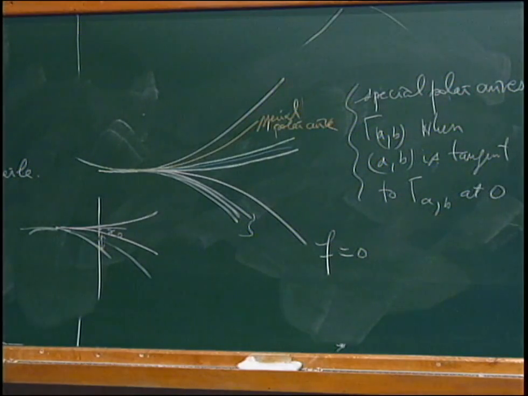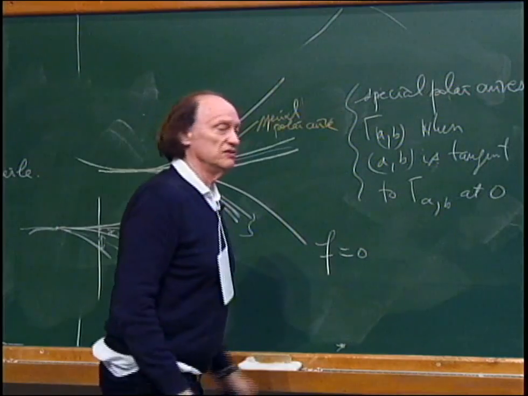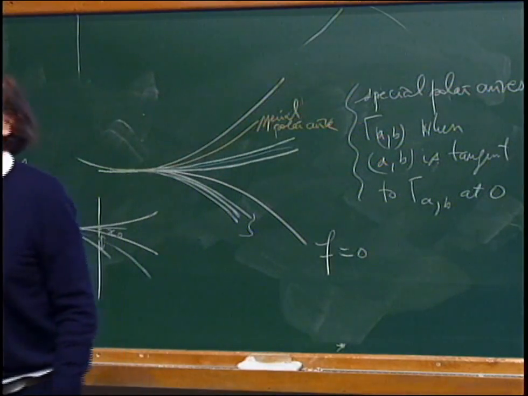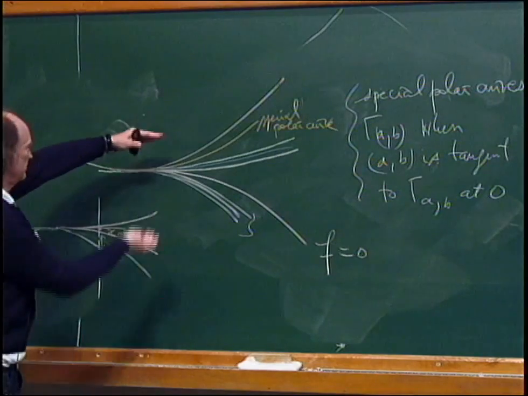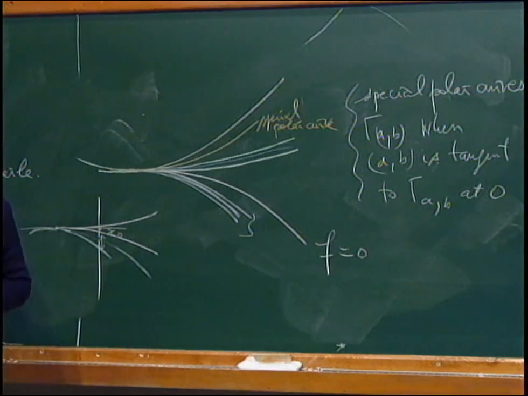And what Merle shows is that when you play the induction or another procedure which is called blowing up, you see the polar curves which sort of stick to f equals 0. And at some moment, you can see they got apart.